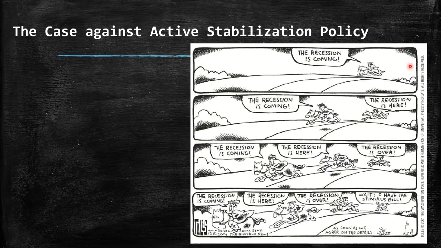So you have this horse saying the recession is coming, the recession is here, and then the recession is already over due to changes in the economy, but just then comes the action of the government. Wait, I have this stimulus bill, so it already happened. It was already advised, and then it was over, and even after that comes the stimulus bill. So sometimes it takes time.